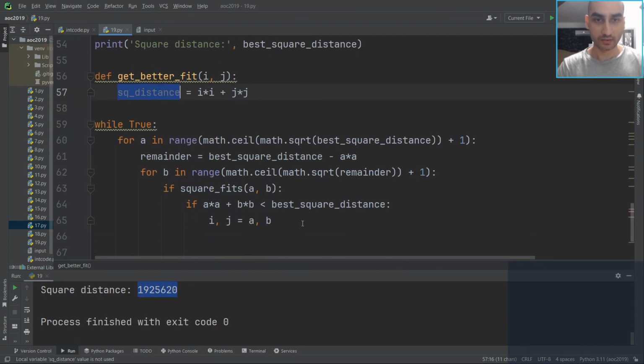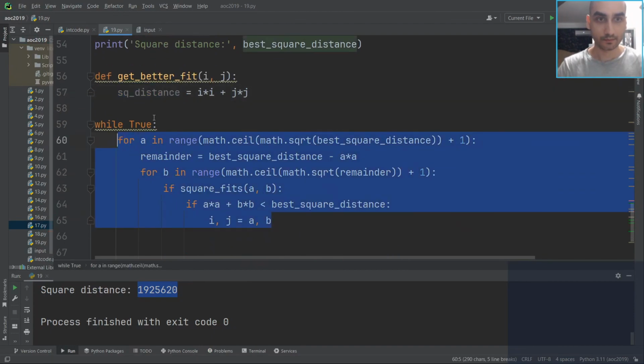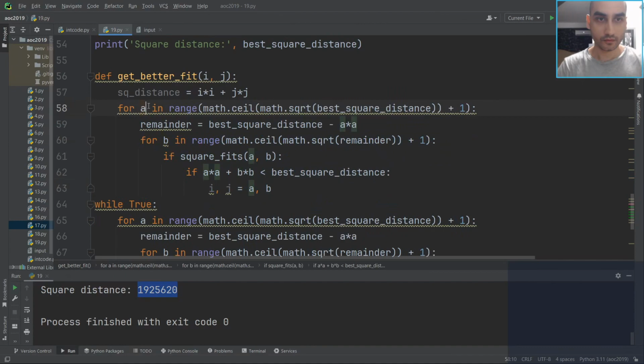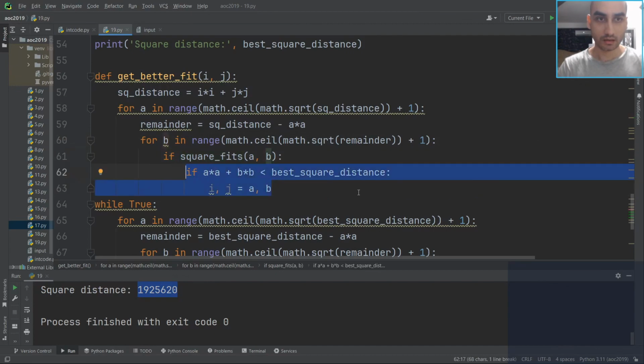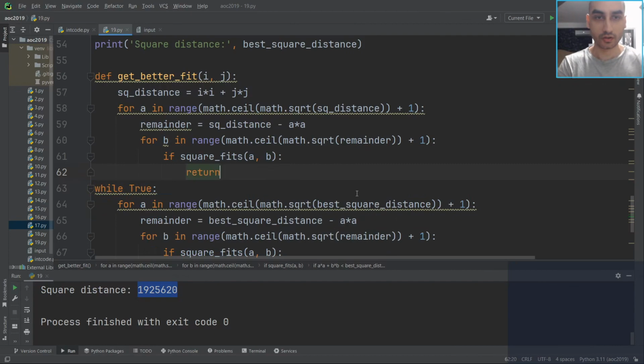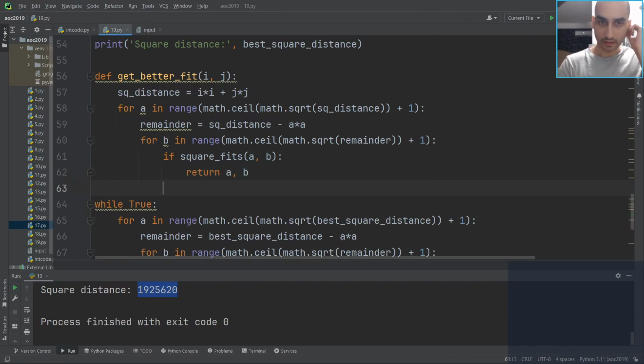Then just do this all again, but with a in range, and so on. Remainder equals that minus a times a, for b in range, if square fits a, b, then return a, b. Okay. And if we get this far, we found the best possible.